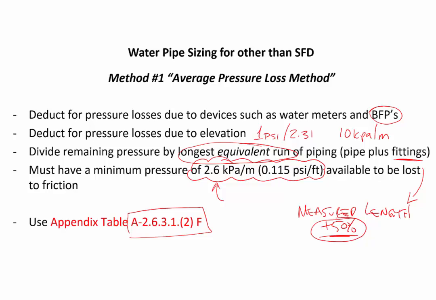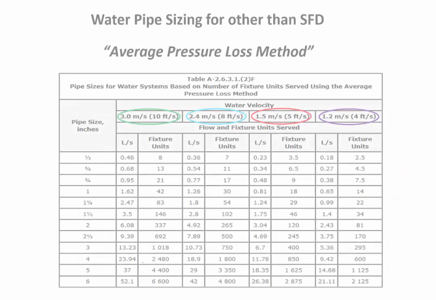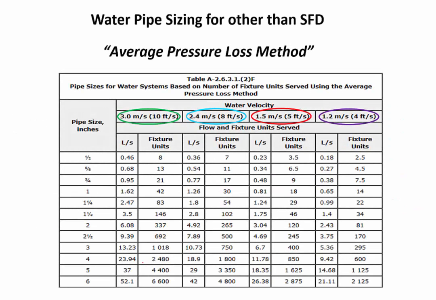But then again, some insert fittings for some different types of PEX installations, for example, may require higher than 50% to be added to the measured length. So manufacturers may have some recommendations on that as well. But the rough rule is 50% is added to the measured length to accommodate whatever friction loss there would be to fittings and valves.